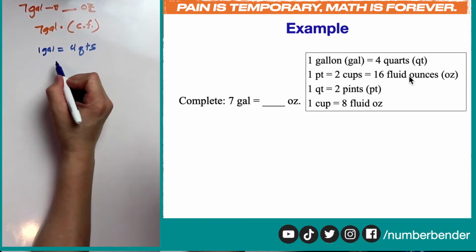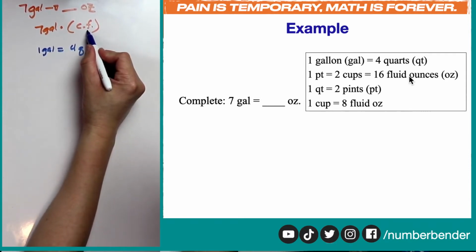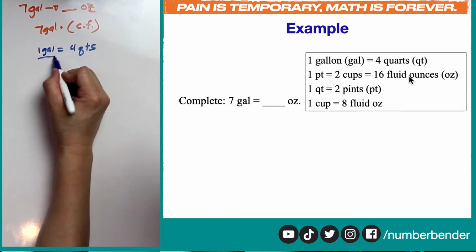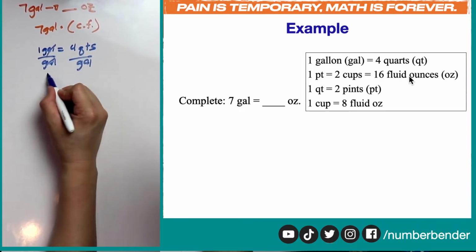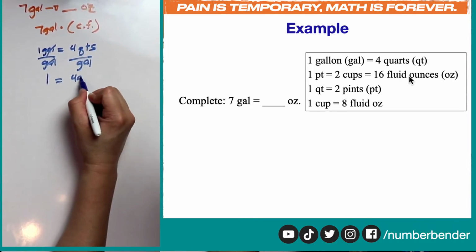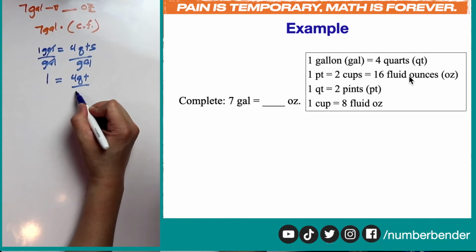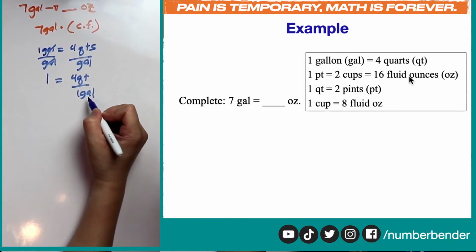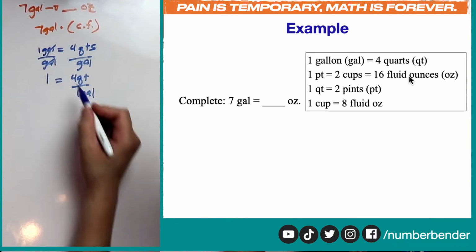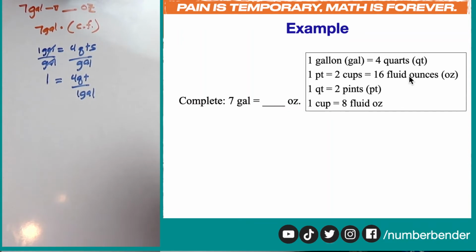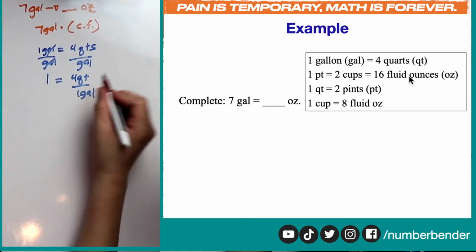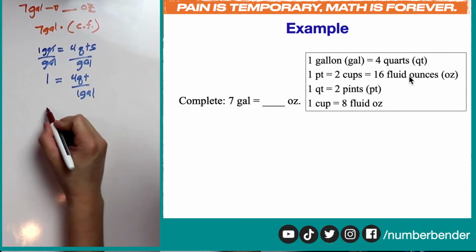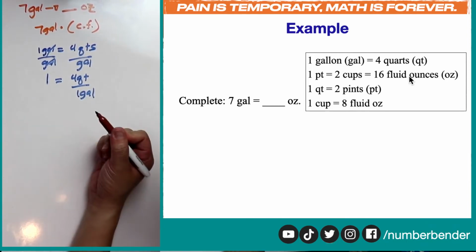And we know that we need our conversion factor, CF, and to produce that, we'll have 1 gallon is equal to 4 quarts, or 4 quarts over 1 gallon. And we're going to use that from 7 gallons into quarts, using the first conversion factor, so that we can find its quart equivalents.